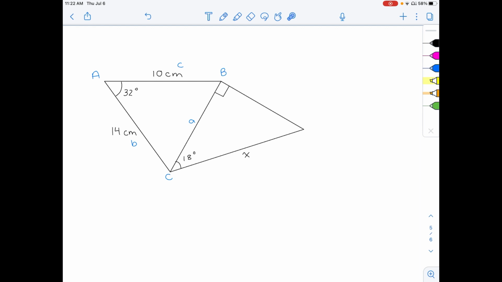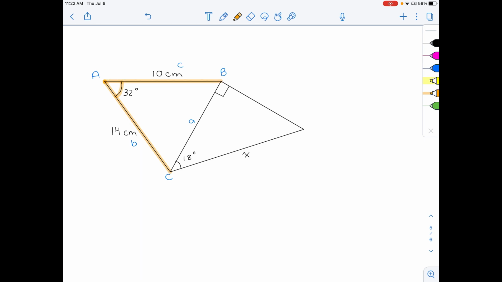So our last option is to use cosine law. We know that for cosine law, we either need side, side, side, or side, angle, side. And if we look here, we have a side, that's 14 centimeter side b. We have our angle, 32 degrees, and we have another side.